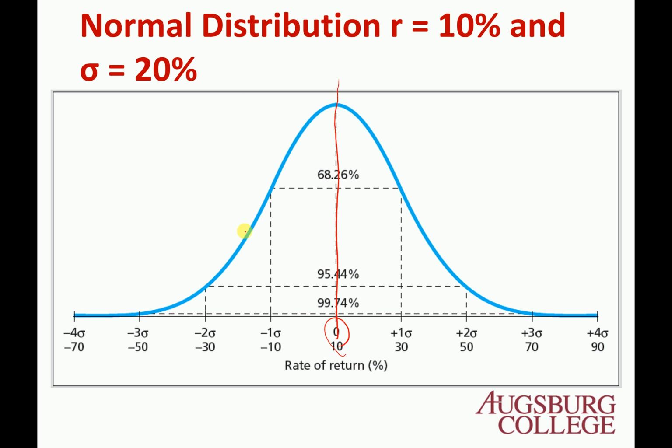It's exactly the same, 50% on this side and 50% here, and exactly the same shape. And this is the mean. So if the distribution is normal, first of all, the center of the distribution should be the expected return. In this case, the expected return is 10%.